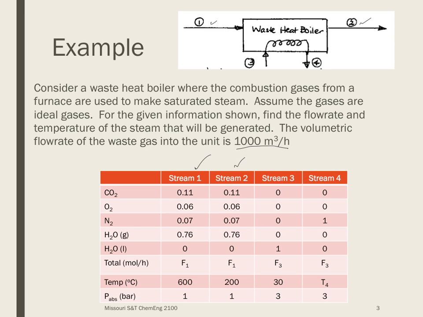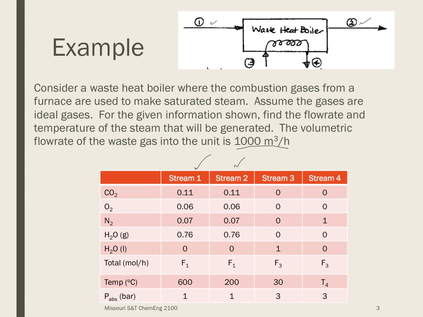The temperature is going to come in at 600 degrees C, and it's going to leave the waste heat boiler at 200 degrees C. So we're going to deplete the energy from this gas stream so that it can be transferred to the water. The pressure for this waste gas is all at 1 bar.